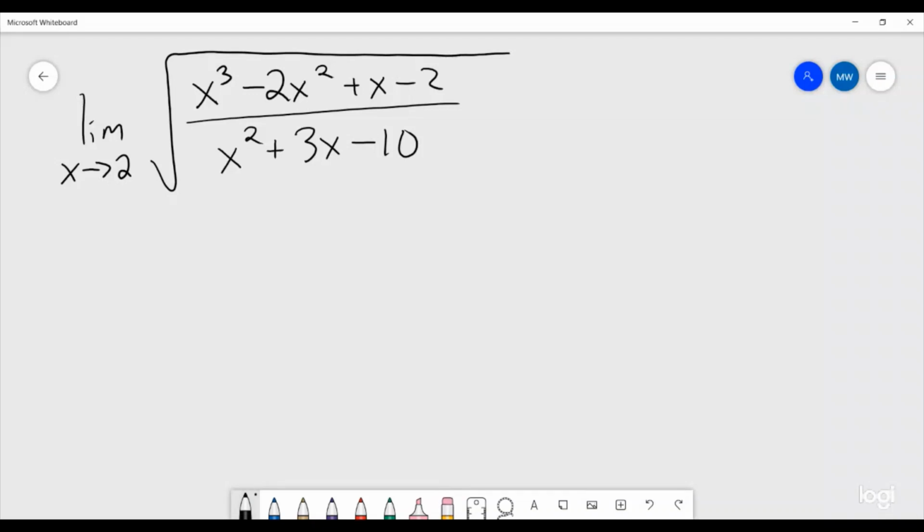And there is also a plus 3 inside the square root. Let's go through and figure out how to do this. So first, try this on your own. Try and figure out which limit laws am I using, and then we will go through it together. So pause the video and go ahead and try this on your own.